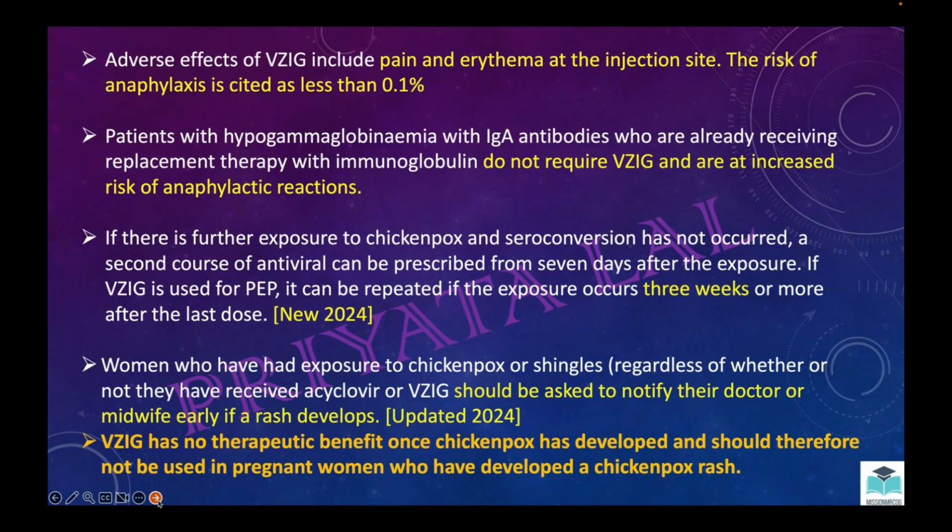So please understand, the validity and use of varicella zoster immunoglobulin is lost once the patient has already developed symptoms of chickenpox. So please don't give it, and remember this, because many times people make a mistake here.